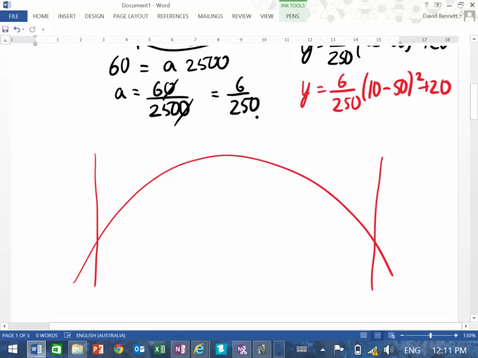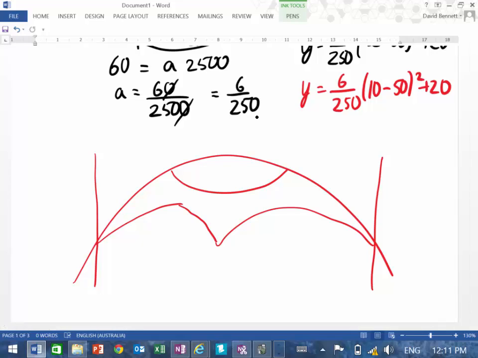And then on my arch bridge, I might have a couple of little arches in there, and then another little thing there or something like that. You can make some different shapes in there. So you can actually show off that you can do the equation of a quadratic and find the equations. Right? So that's the idea of what we're doing here.